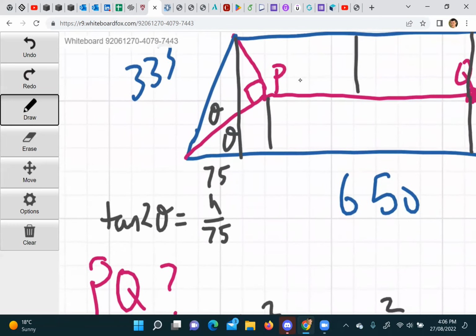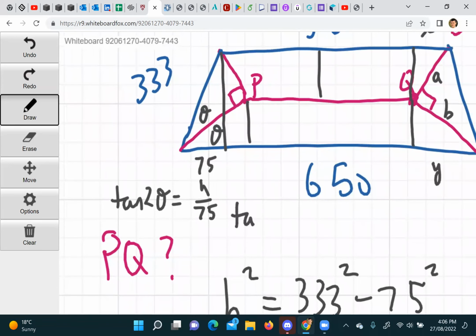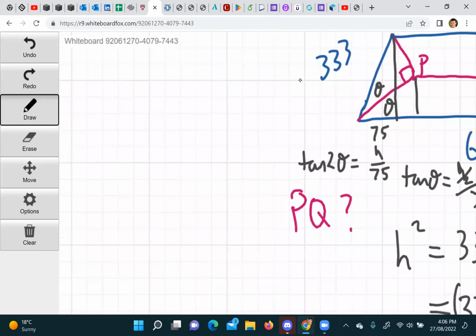And then you have tan theta equals h on 2 on y. And tan 2 theta, you know, is 2 tan theta on 1 minus tan squared theta.